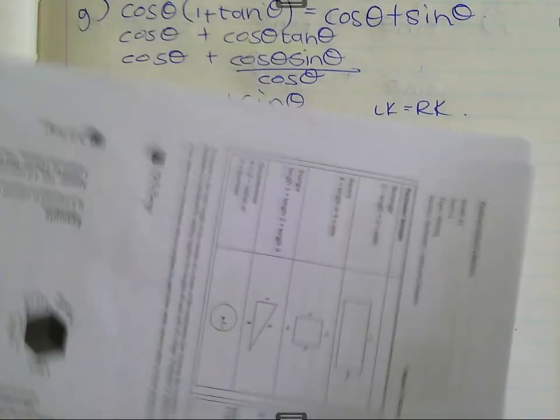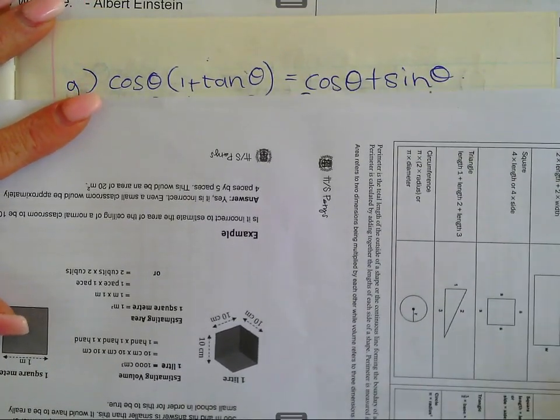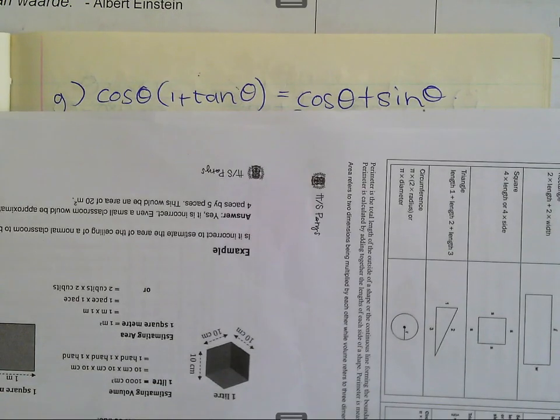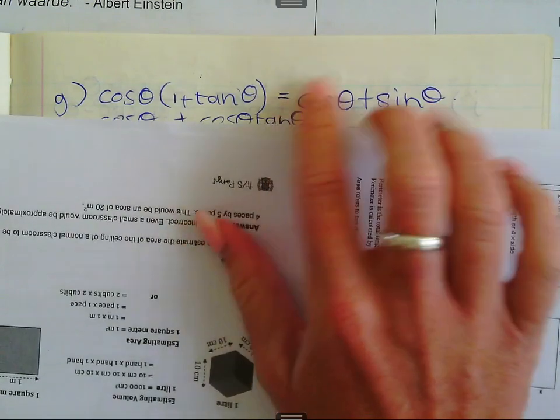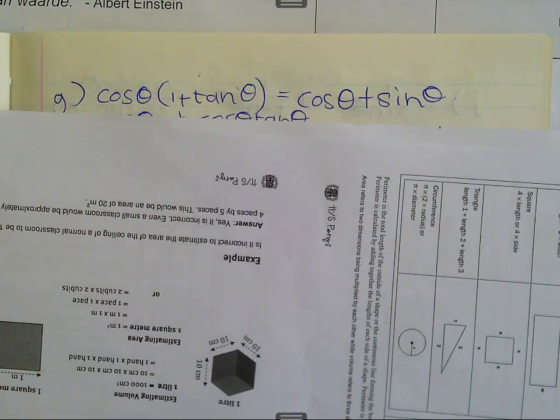Okay, at G, I've got cos theta equal to 1 plus tan theta. Now, please remember, you only write down that answer once, and then you leave it up there. It's just a hint to tell you in which direction you should go.